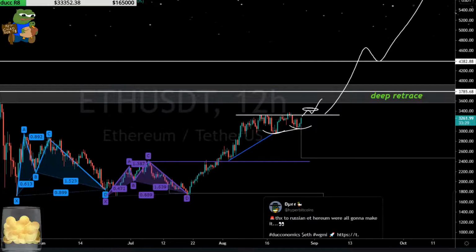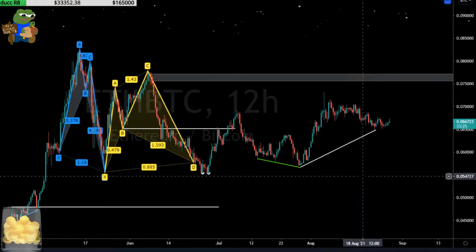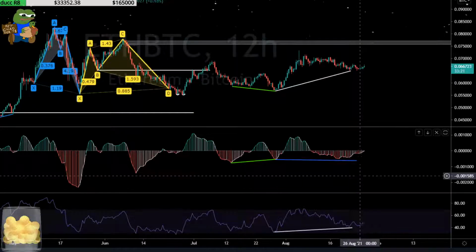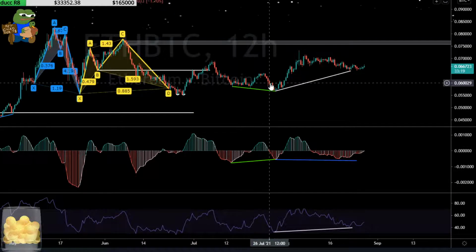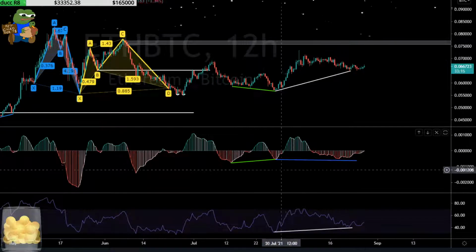So let's move on. ETH BTC. Okay, ETH BTC, check this out. So we initially had the green here was bullish divergence, okay?